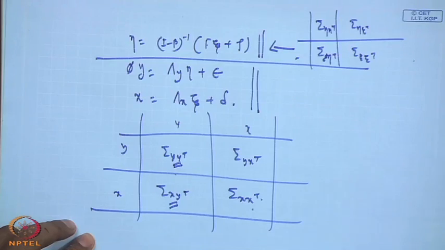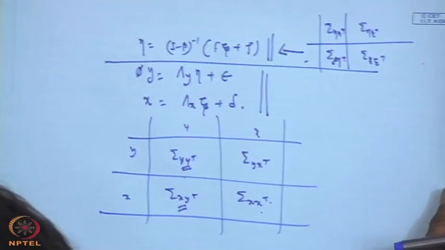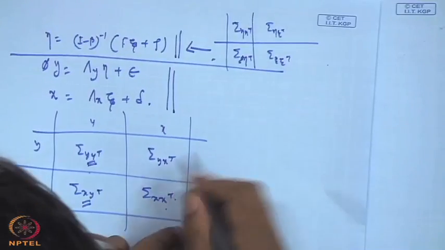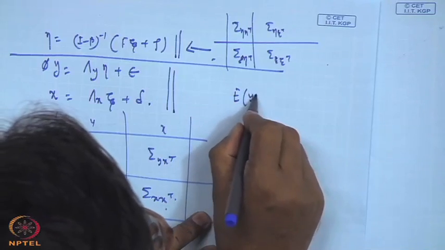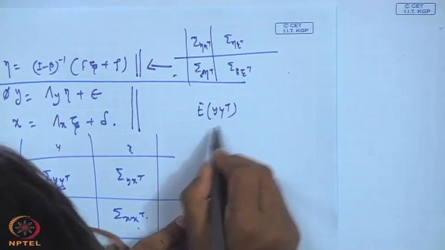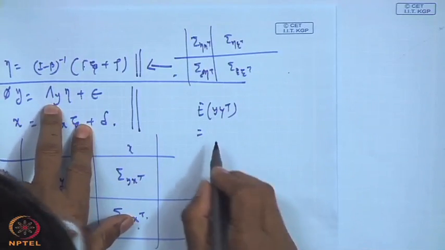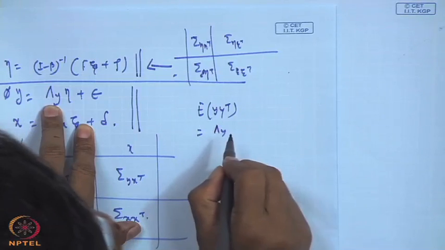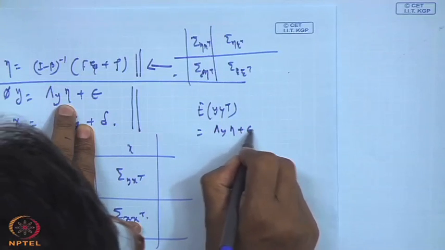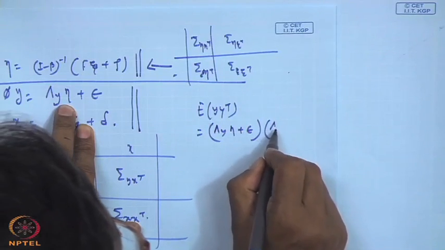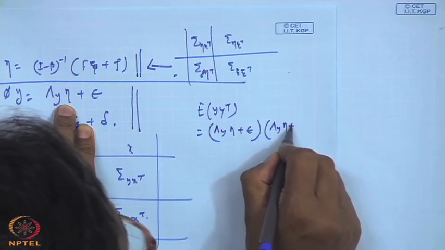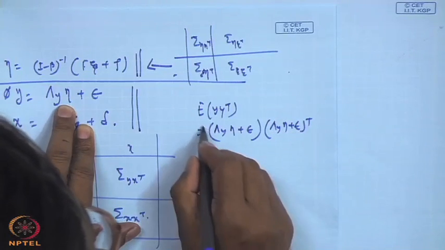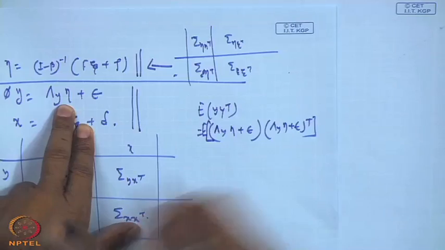You are getting me? Now, if this is the case, then what do you require to do? You require to find out the expected value of y y transpose. This is nothing but lambda y eta plus epsilon, and lambda y eta plus epsilon transpose, and the expected value of this.